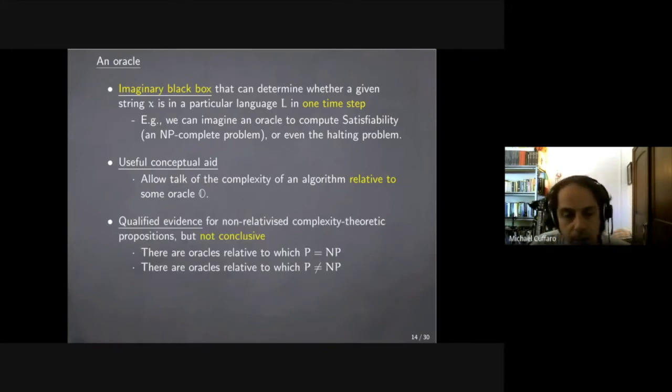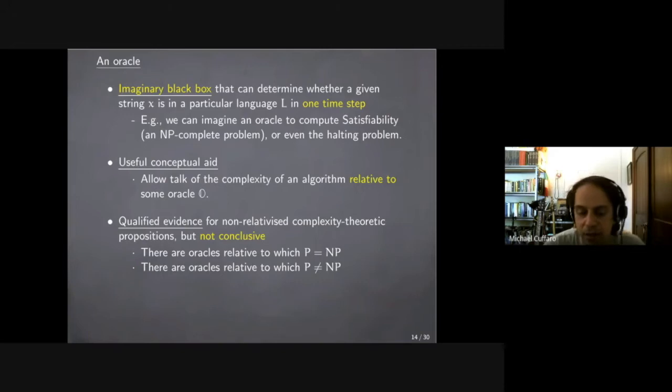Now, as I said, many quantum algorithms are oracle algorithms, and there's nothing wrong with that, in the sense that it's useful conceptually to speak in terms of oracles. But when we want to make claims about non-relativized complexity theoretic propositions, so whether some algorithm A is more efficient in an absolute sense than some algorithm B, then oracles might give us evidence one way or another for that proposition, but they don't give us conclusive evidence.